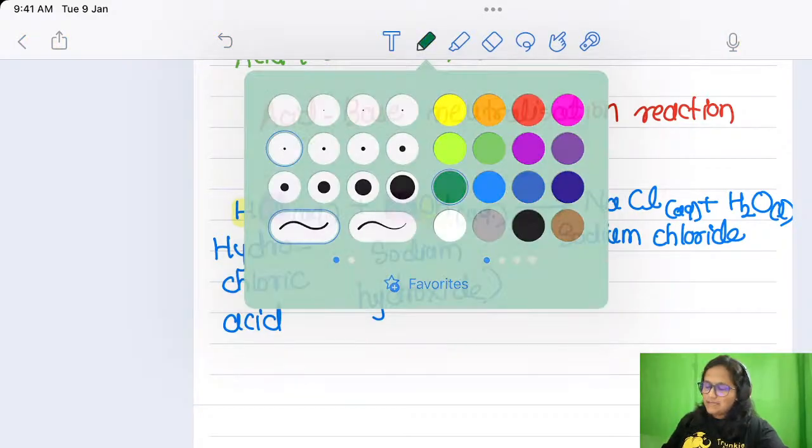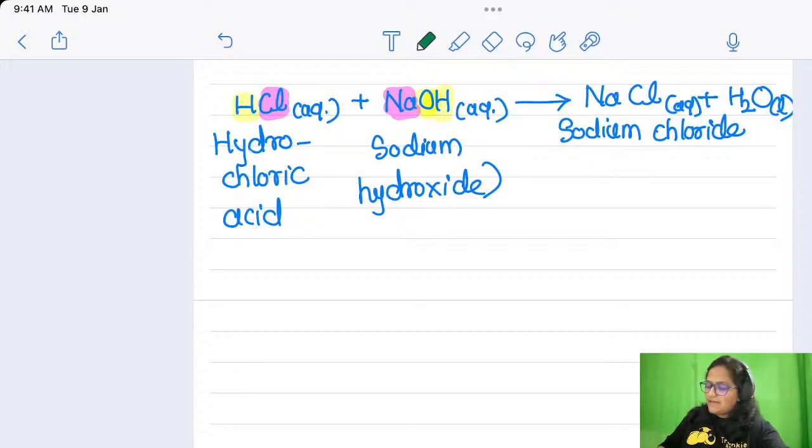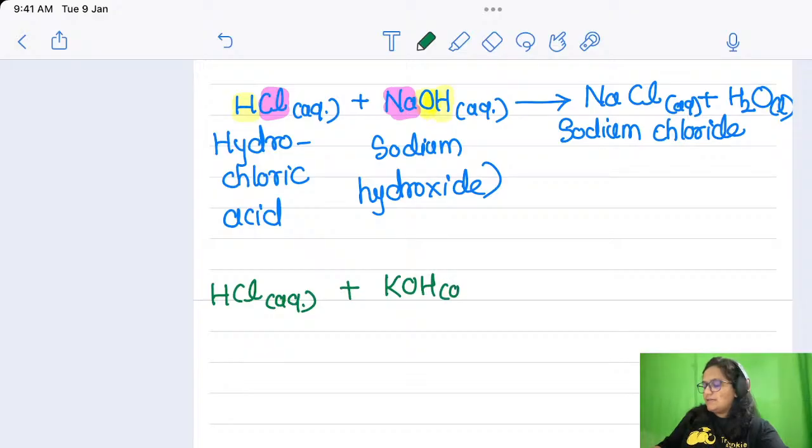For the next example, I'll keep the acid constant, HCl aqueous, and just change the base. Whatever reaction you observe for NaOH, exactly the same reaction you will observe for KOH, which is potassium hydroxide.